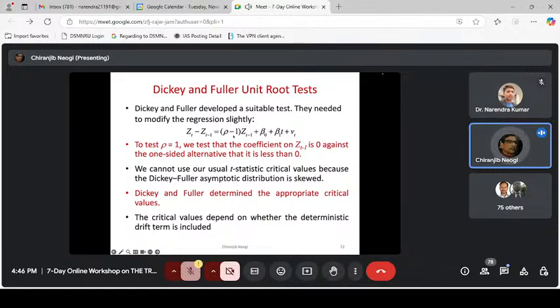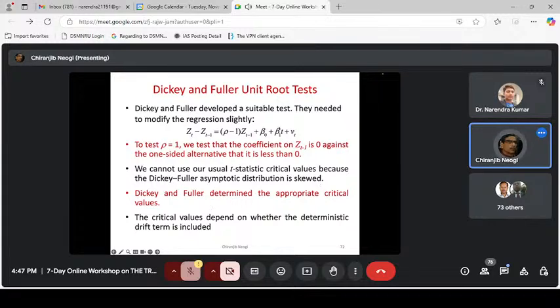If rho is less than 1, the coefficient should be negative. So this is a one-sided test: 0 against a negative value. We cannot use our usual t-statistic critical values, because the Dickey-Fuller asymptotic distribution is skewed.